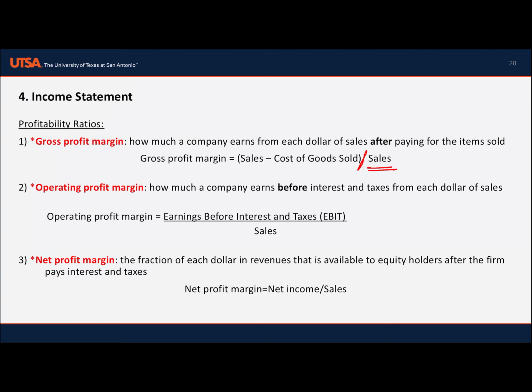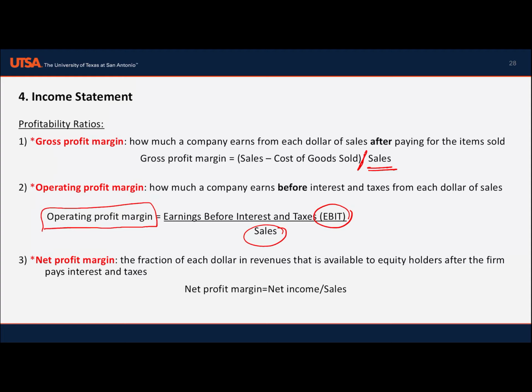So this is gross profit margin. Operating profit margin shows how much a company earns before interest and taxes from each dollar of sales. In the numerator we have EBIT, earnings before interest and tax, over sales. This is operating profit margin.